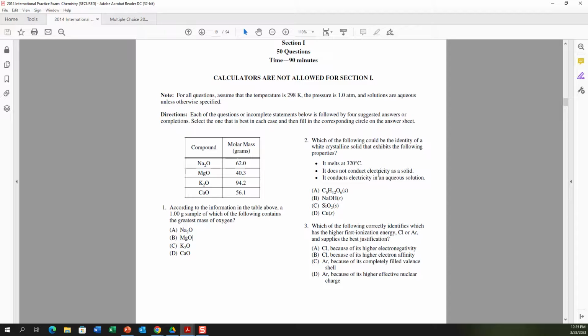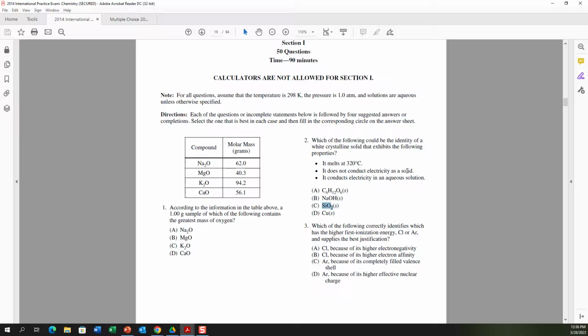All right. Here, it's giving us a list of characteristics and asking what the solid could be. Notice we have a molecular solid, an ionic solid, a metallic solid, and then remember SiO2, a network covalent solid. It has a high melting point, but not super high, so it's probably not silicon dioxide. It's not a network solid.